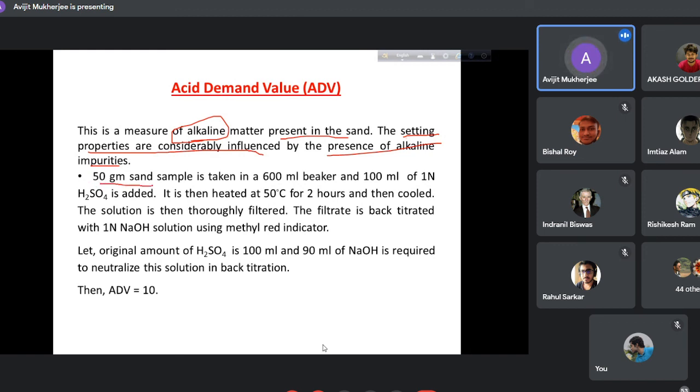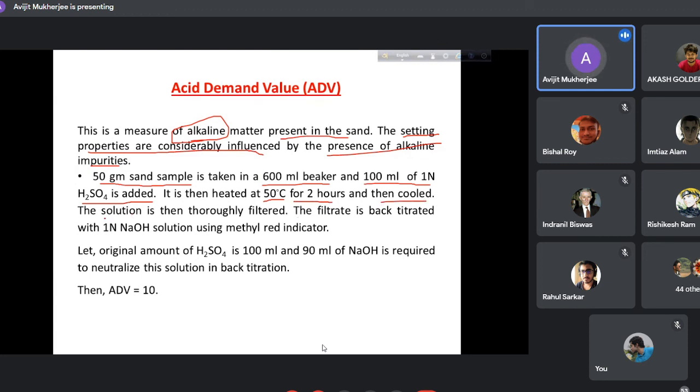You take a 50 gram sand sample, again a standard, and you take a 600 milliliter beaker, and 100 milliliter of one normal sulfuric acid is added in the 600 milliliter beaker. Then heat, and this sand sample is also taken in this beaker. It is heated at about 50 degrees centigrade for 2 hours and then allowed to cool.